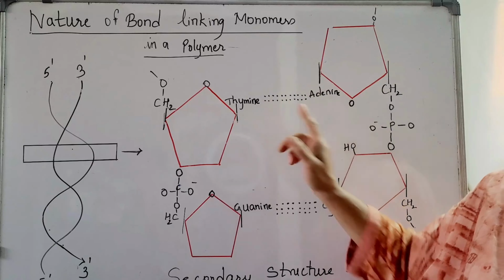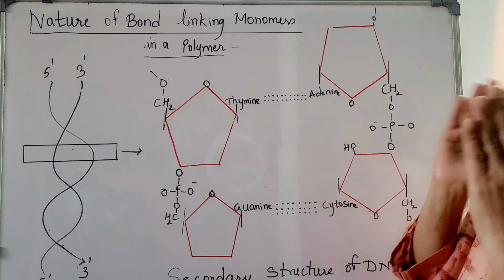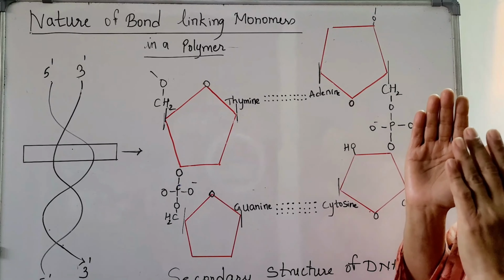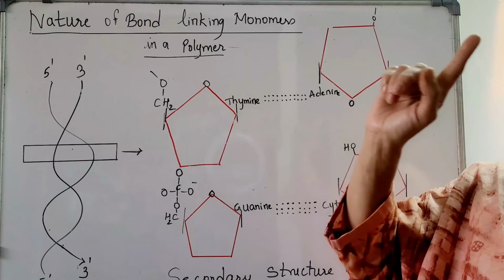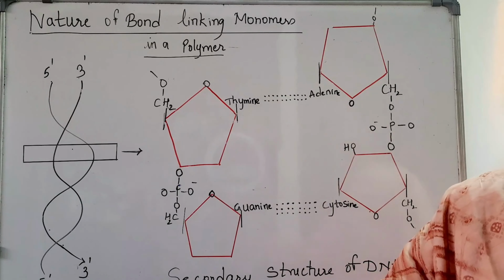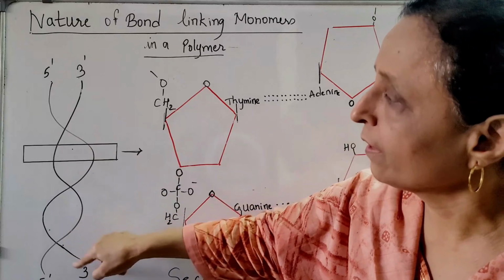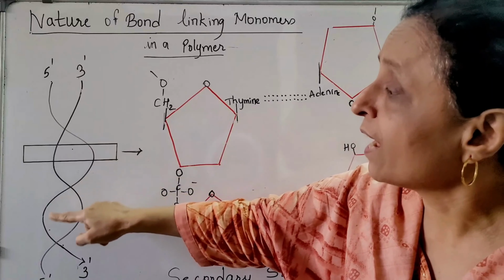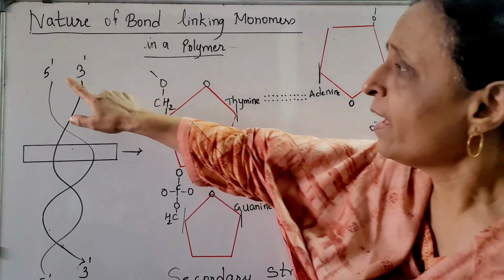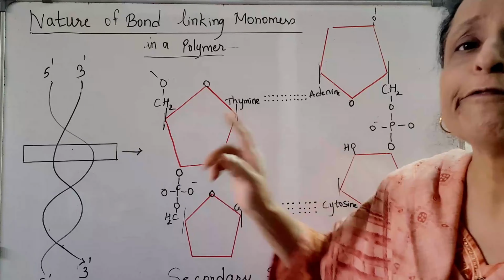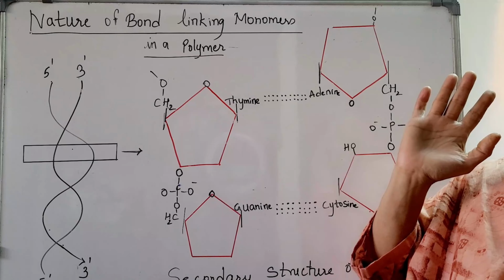Nitrogenous bases are opposite, therefore they are anti-parallel. Now they will form a helical structure. The helical structure will be formed like this. You can see the helical structure. These two strands form the helical structure, and are exactly opposite, therefore anti-parallel.